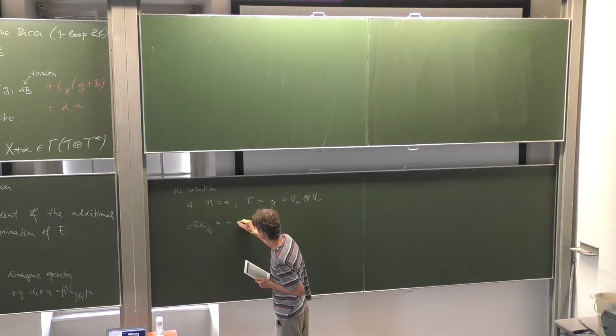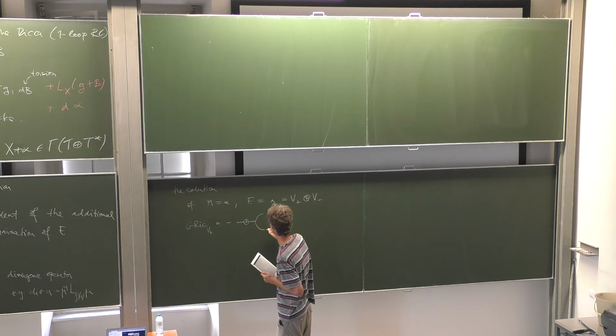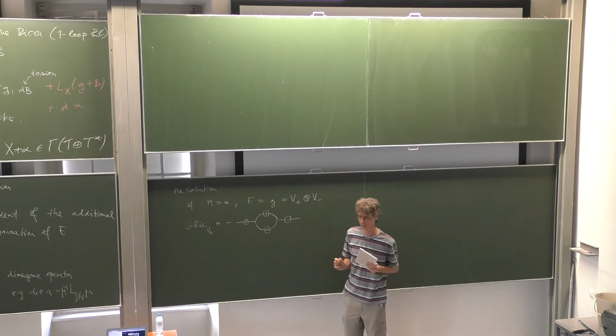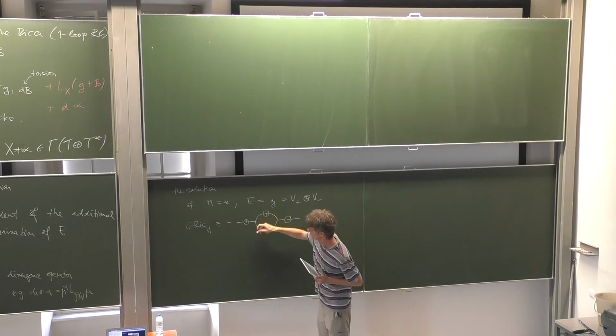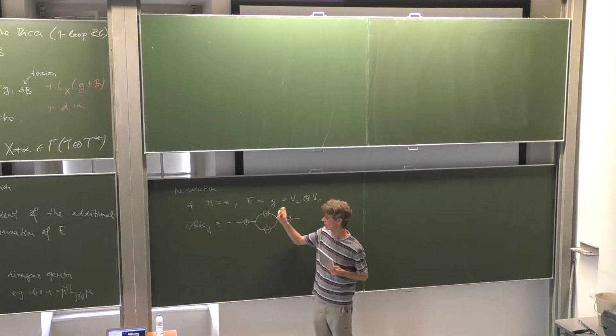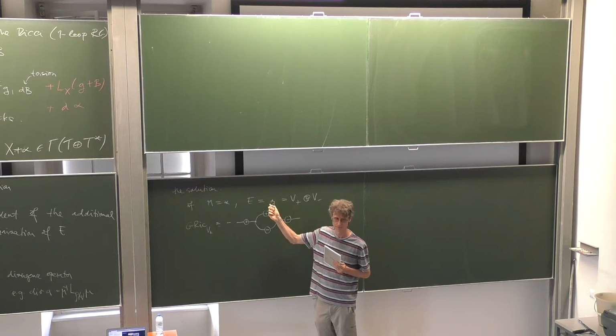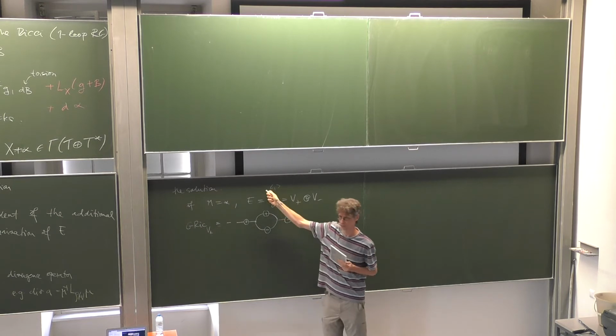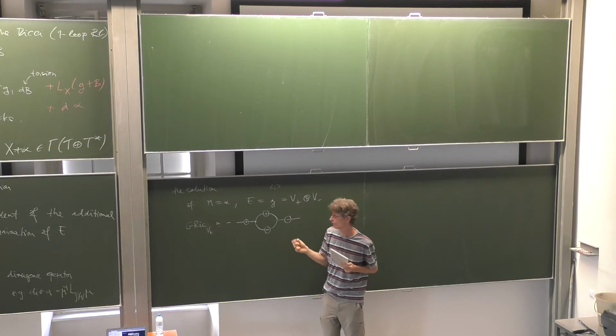And then I'll draw some diagram. Now, how should we read this diagram? Those trivalent vertices are structure constants of G. G is a Lie algebra with an inner product, with a pairing.